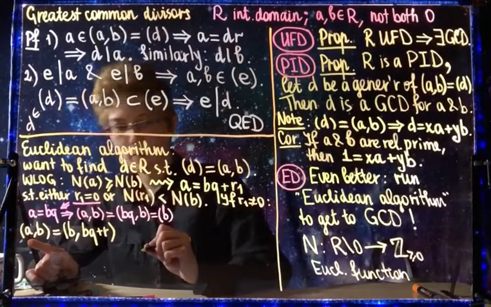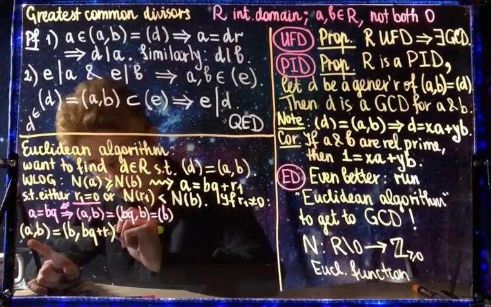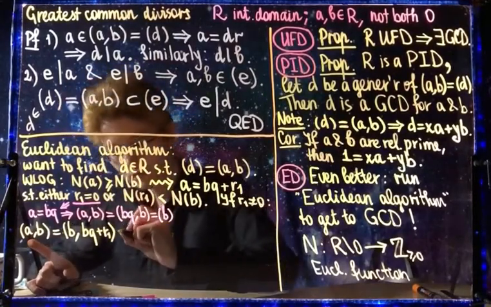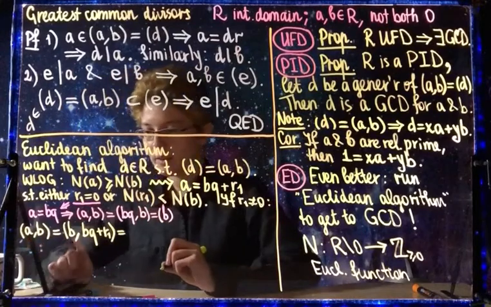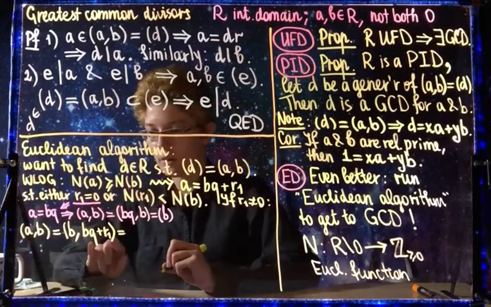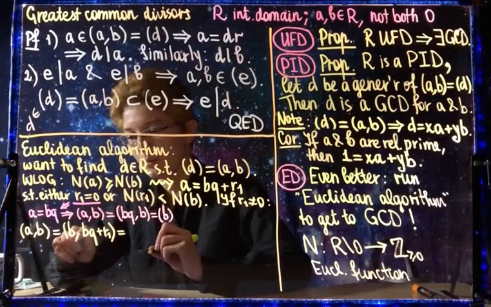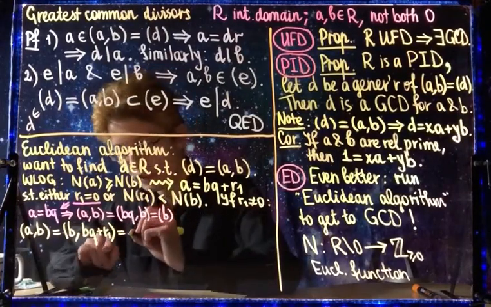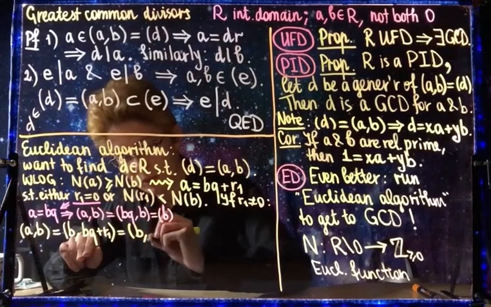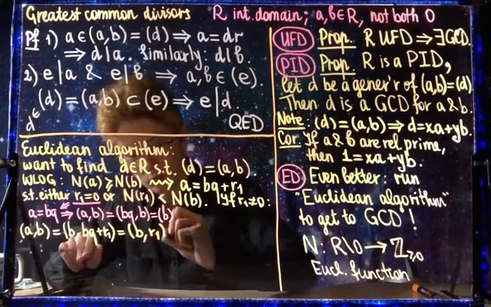I replaced a by this expression. And by subtracting bq from this expression, we get that this ideal is generated by b, r1.